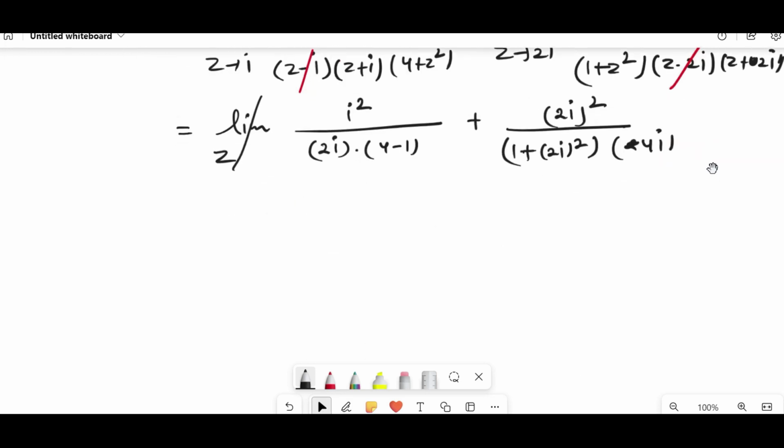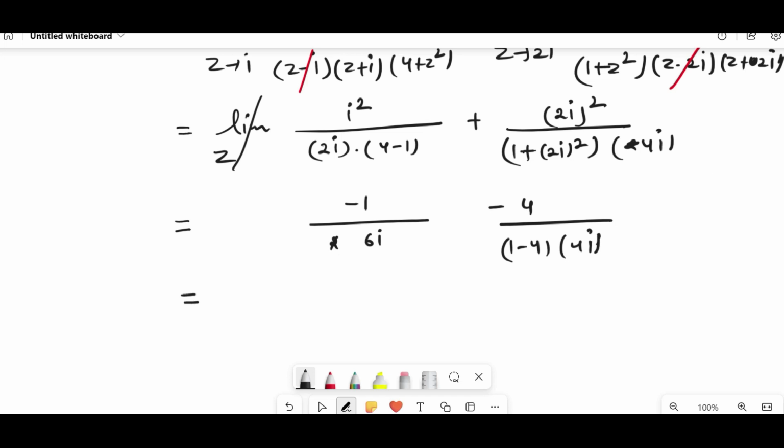So now this value is equal to negative 1 upon 6i, and negative 4 over 1 minus 4 multiplied by 4i.